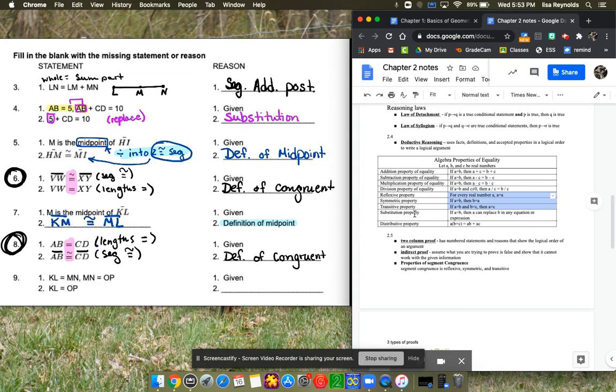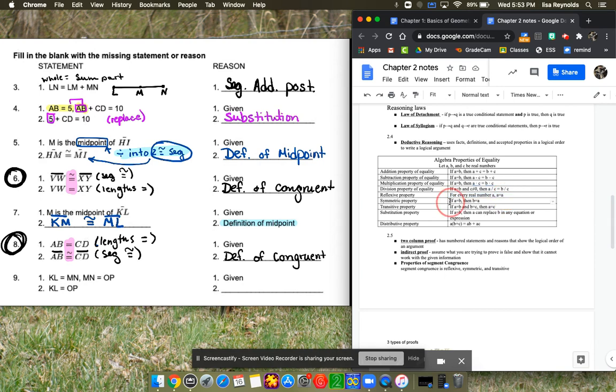Substitution is replacing within a calculation. So this one is where we're replacing within a calculation, but we don't have any calculations here. So we're looking at reflexive, symmetric, or transitive. Our reflexive property is one statement, no previous information, and it's just the same thing. So that's not what we have.